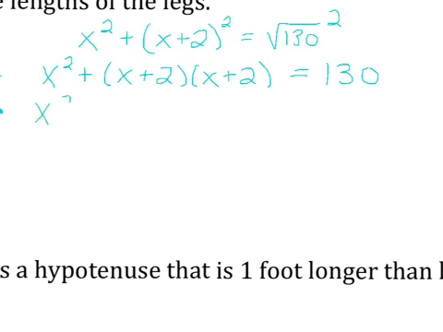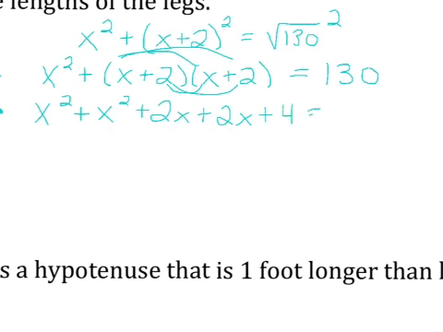Okay, so now let's FOIL. So we get x squared plus 2x plus 2x plus 4. That still equals 130. So now, combining like terms, we get 2x squared plus 4x.